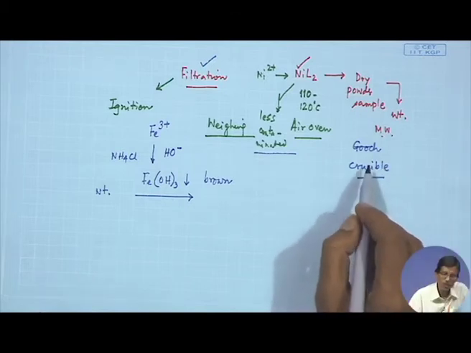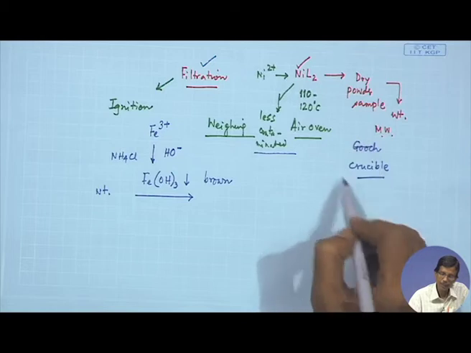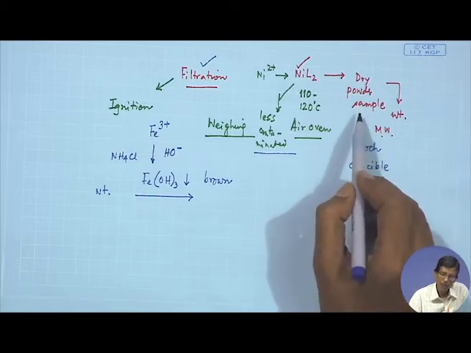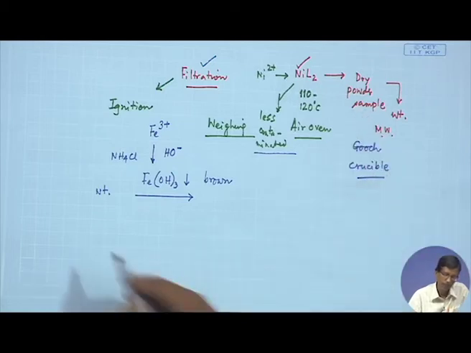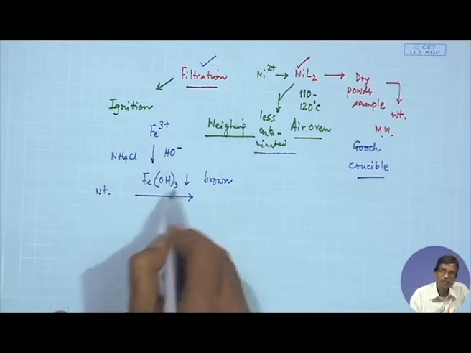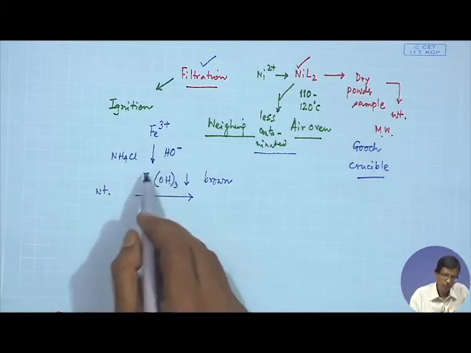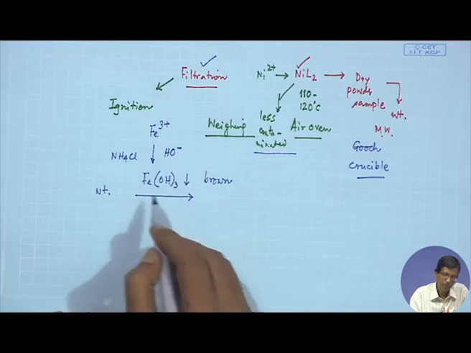We will see what is known as a gooch crucible, which is a sintered bed crucible. There we filter it out and take the direct weight.